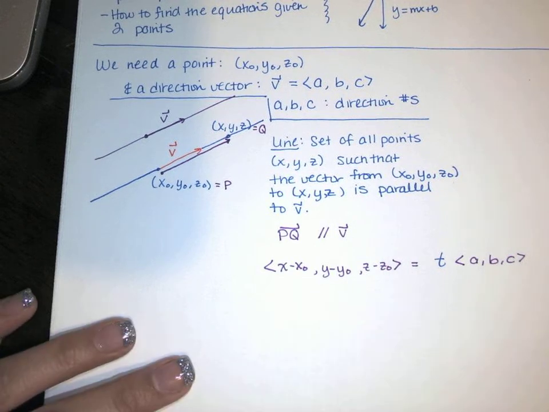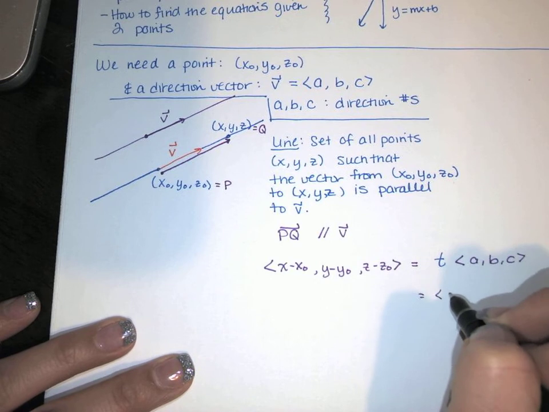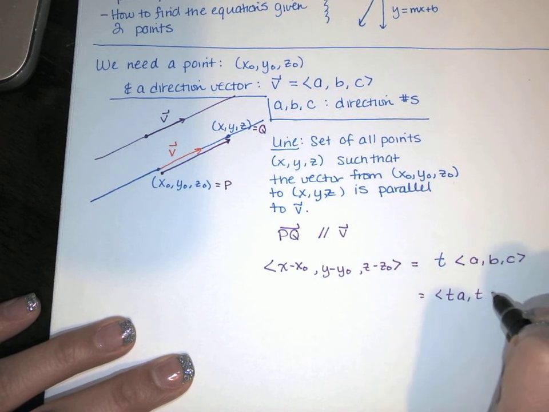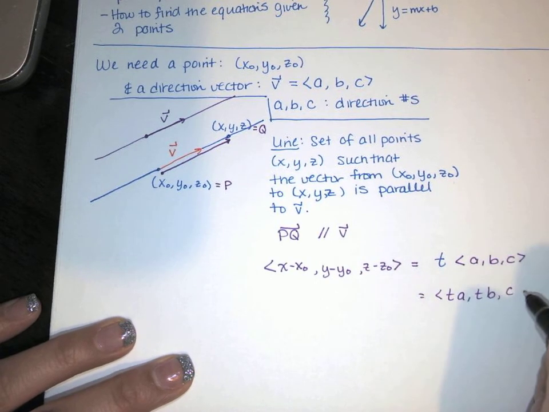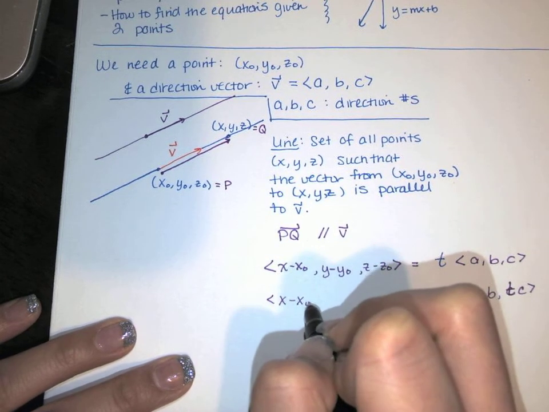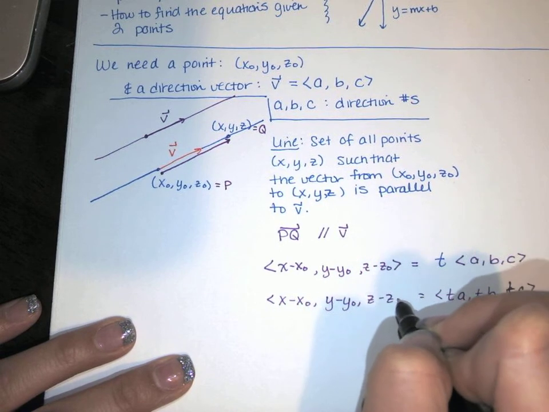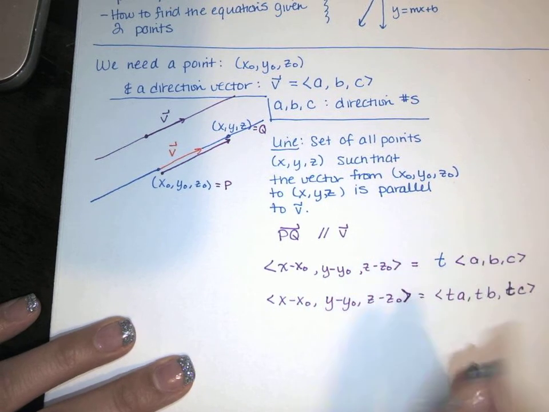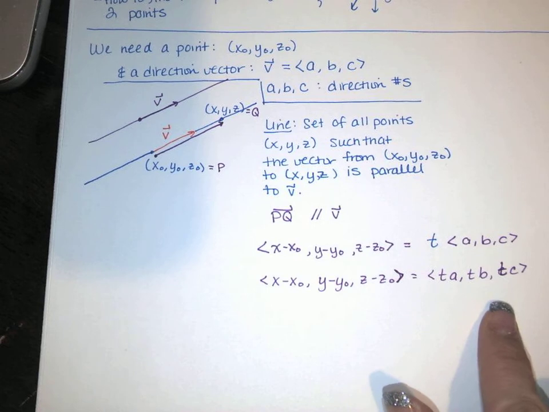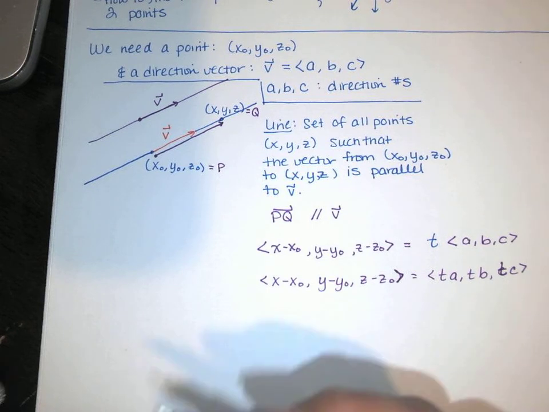If I distribute the t over here, that's scalar multiplication, you just multiply all the components by t. This vector is equal to this vector if and only if the components are equal.